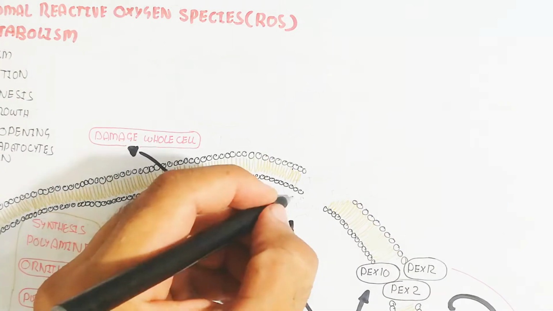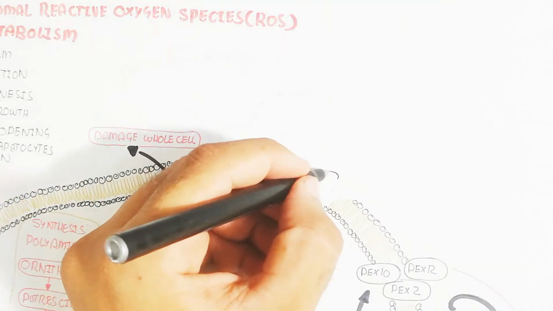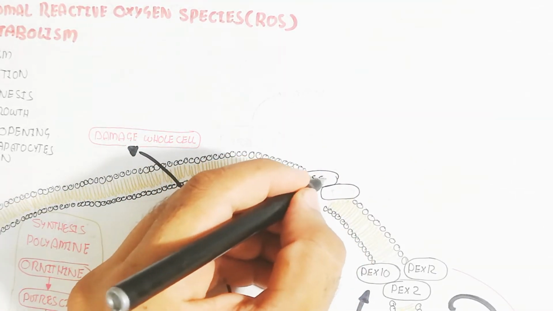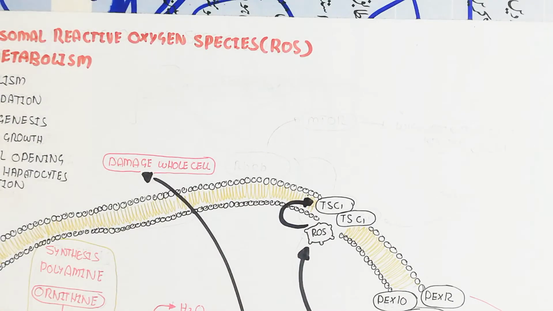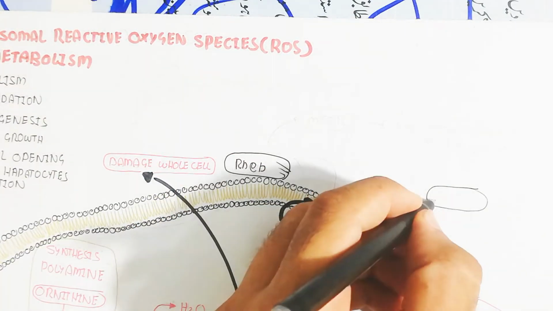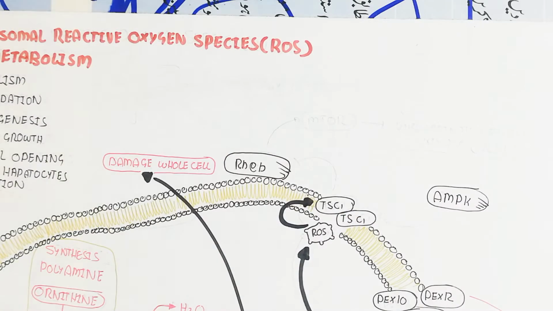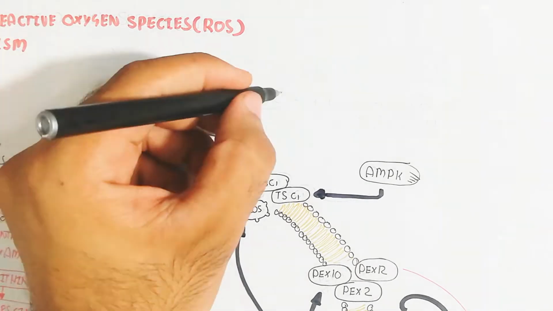On the other hand, the reactive oxygen species triggers the dimeric complex TSC1, and this will lead to RAB protein inhibition, and AMPK will also be triggered by reactive oxygen species for the apoptosis.